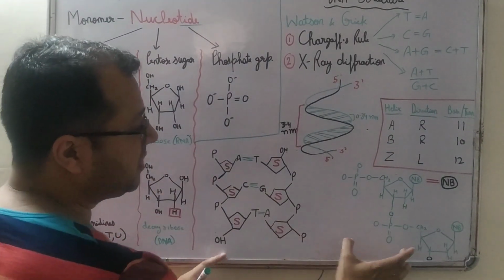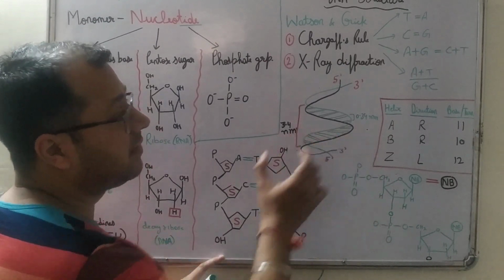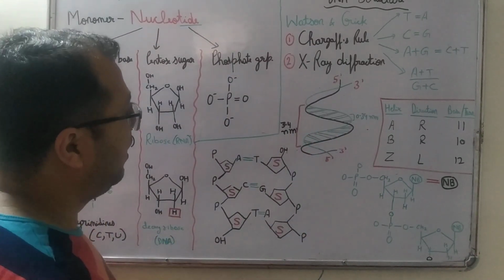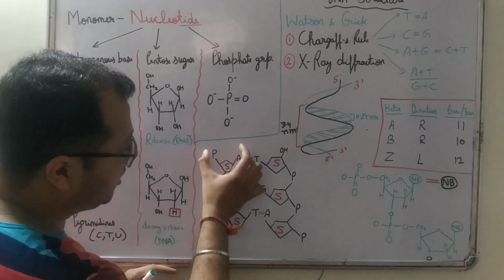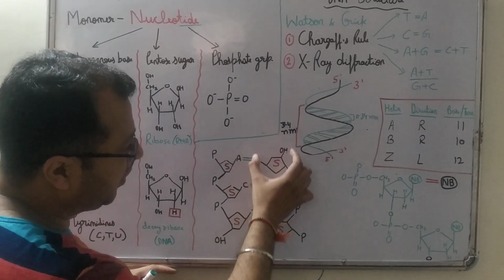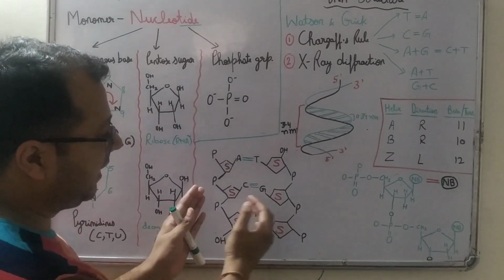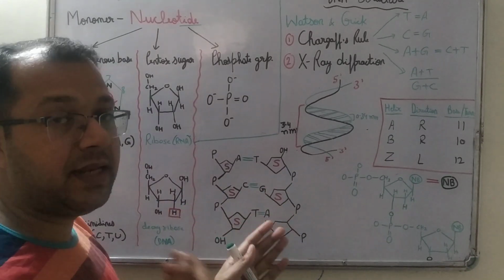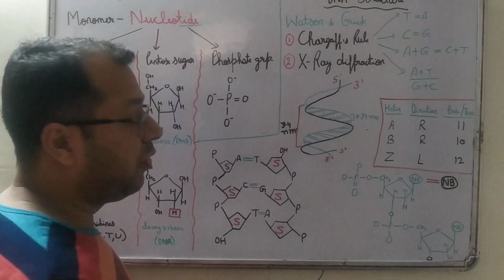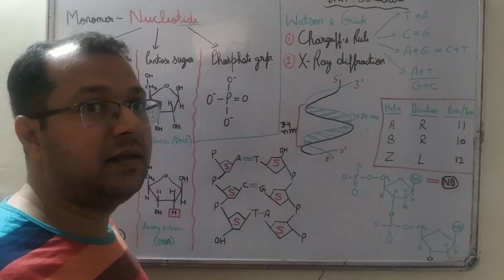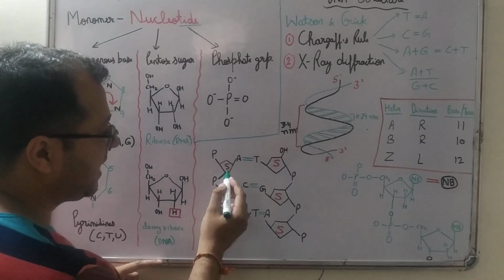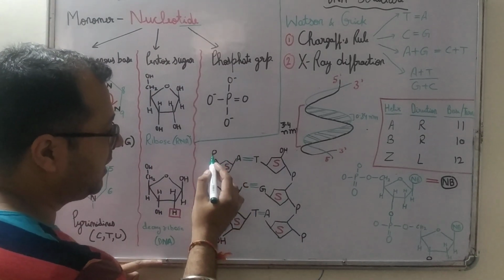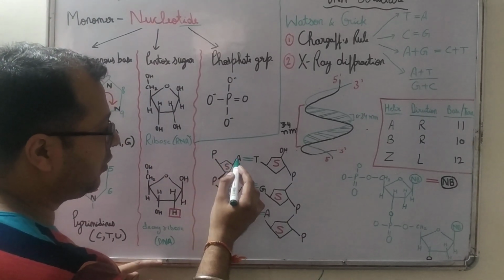So I have drawn these two structures just to simplify this double helical structure. For example, this position shows one strand, and this shows the second strand. These two strands run in an anti-parallel direction on the basis of complementarity with the corresponding base. For example, this S refers to the pentose sugar, this is the phosphate group, and this is the nitrogenous base.